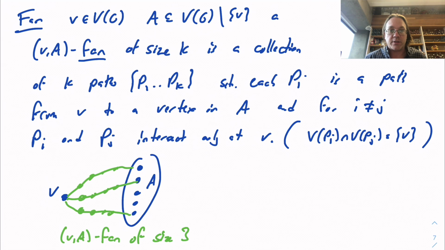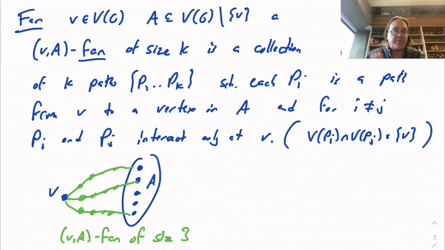Now we're just mixing those two cases. We have one vertex and a set, and we want a whole bunch of paths that start at that vertex and end in this set, and they're going to be disjoint apart from that vertex V. So that's our fan.